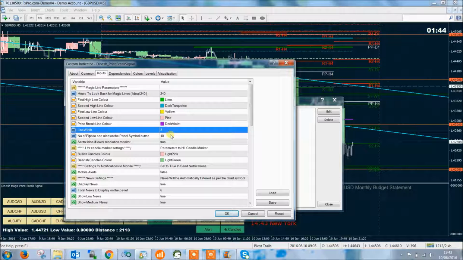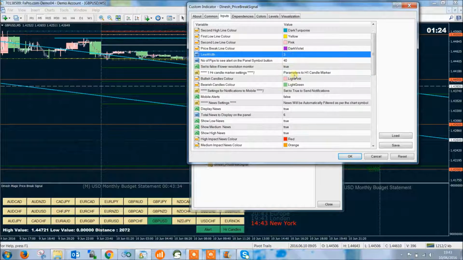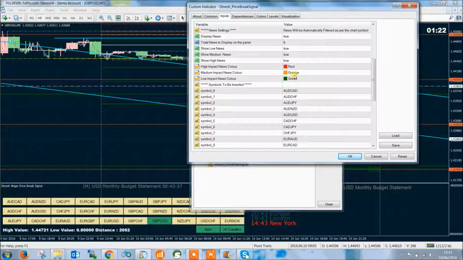Number of pips to see alert on the panel signal button. Generally, if we set it to 40 or 60 or 70 or 80, whatever pips you want to see, it basically means points or pips, it doesn't matter. Just make it 40. It auto calculates the position, and then you can see some of the buttons here will change to tomato color, which is what is configured.